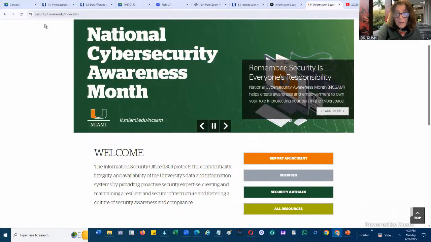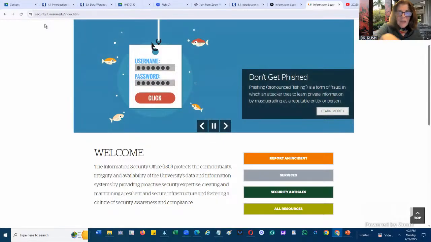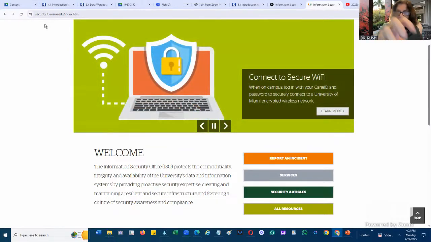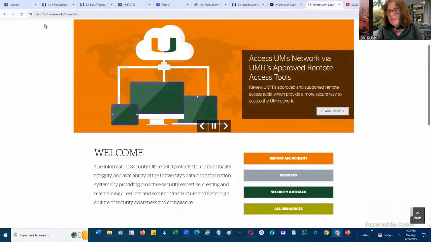Did you know there's a National Cybersecurity Awareness month to help avoid cyber attacks? You know how difficult that would be. And guess what? Anytime you're on campus, you're online using their network. Since you're using their network, Marco, all those hackers are biting at the bit to get into that network. Because what do they have? They have 15,000, 20,000 students.